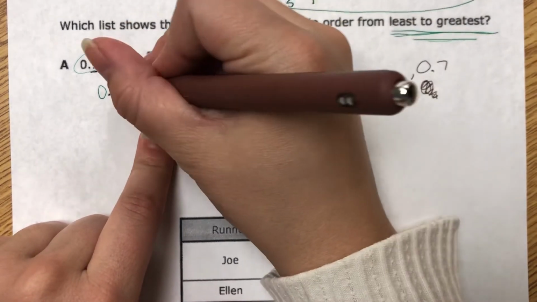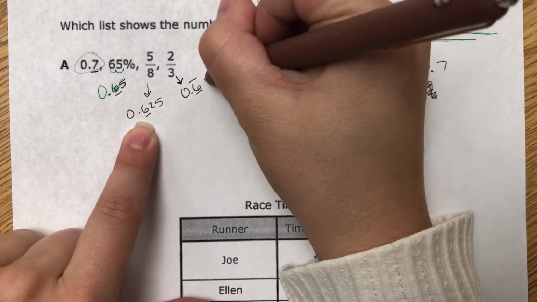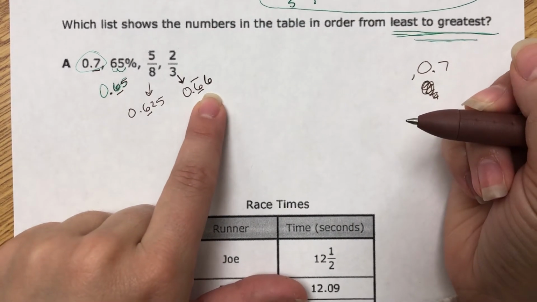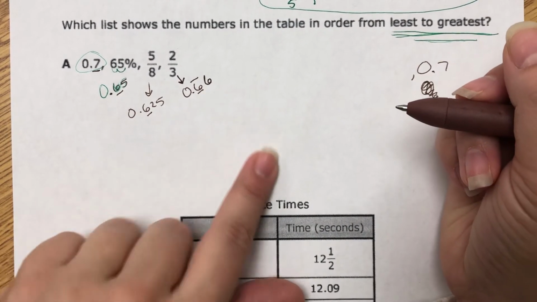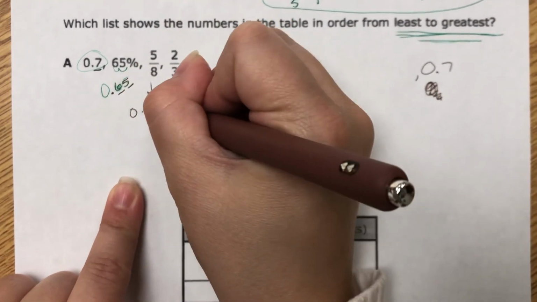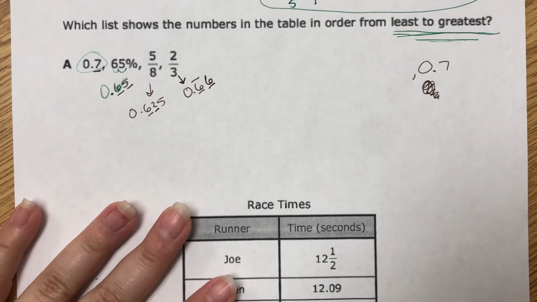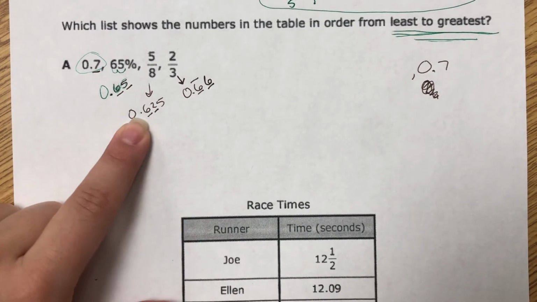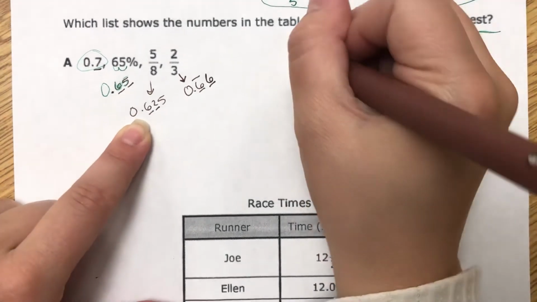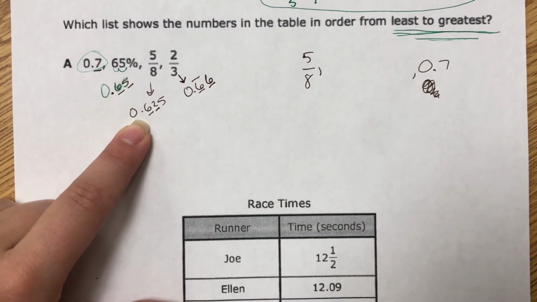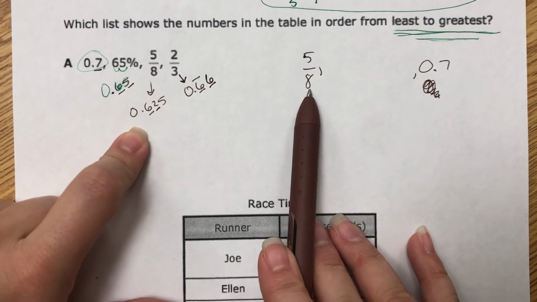So let's move on. Since we are tied for the first decimal place, let's move on to the second decimal place. I added this 6 over here just so I could see what's happening. So we have a 5, a 2, and a 6, and now it's way easier to see which one is the actual smallest, which was this one. So I'm going to write the original value that it gave me, 5 over 8, as the first number because this was the smallest number.